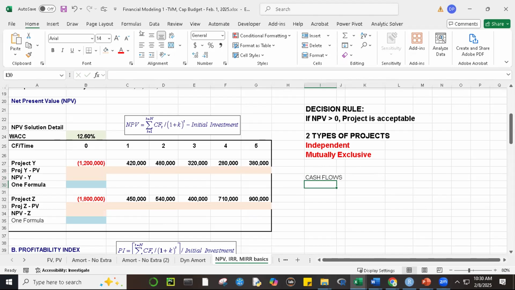So if you have an income statement, you can easily convert the net profit into cash flows by adding back expenses that are non-cash. For example, depreciation. So you have a project here. The project life is 5 years, and these were the estimated cash flows. So for project Y, the initial investment is 1.2 million, and these are the cash flows that are expected for the next 5 years.